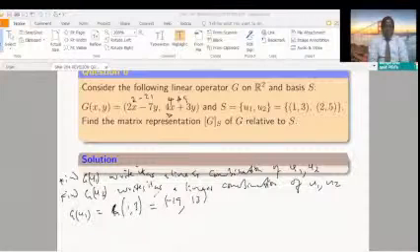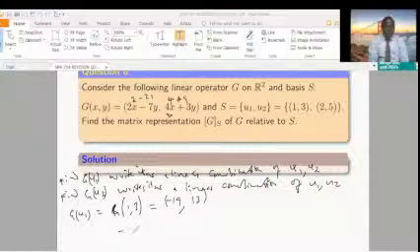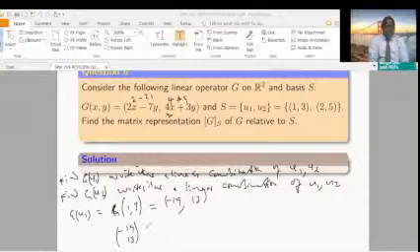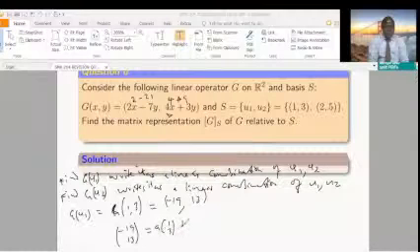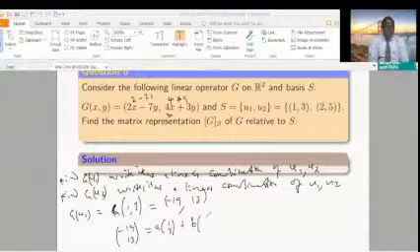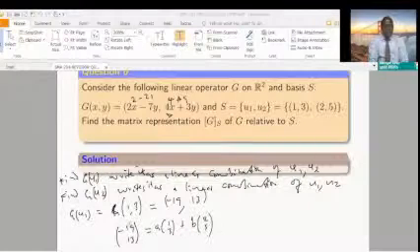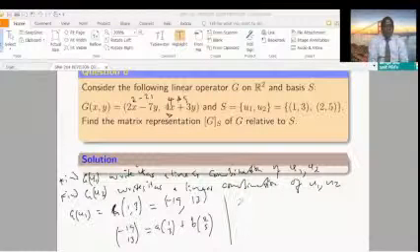Now write this as a linear combination of U1 and U2. To write it as a linear combination of U1 and U2 is the same as finding scalars A and B such that A times U1 plus B times U2 will give you this G of U1. So let's just multiply this.